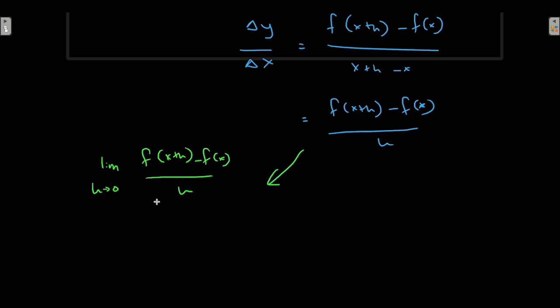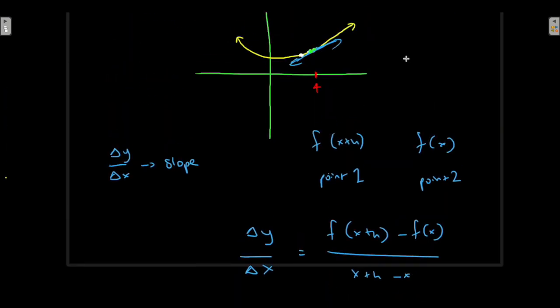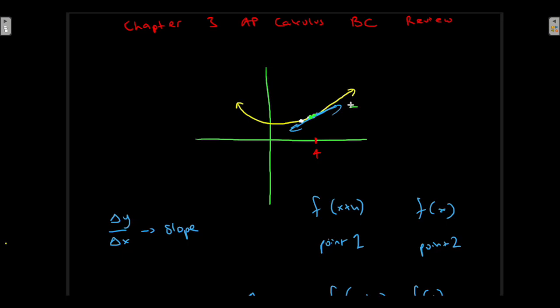So this is what the formal definition of a derivative is. A derivative, as we know, is the slope of the tangent line to a point. So basically, the slope of this blue line right here is the derivative of this function f of x at point x equals 4.